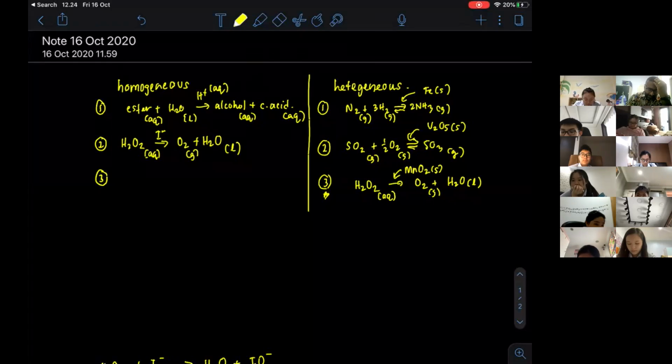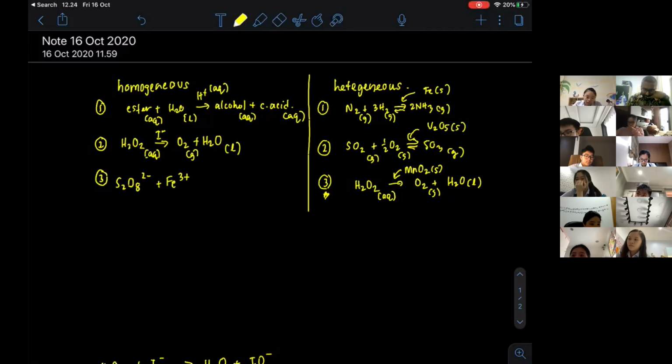So can you tell me what is the one that we just learned? Persulfate. So persulfate, S2O8 2-. They will react with 2 Fe... Oh, sorry. Is it I or Fe3+? I and 2 I-.